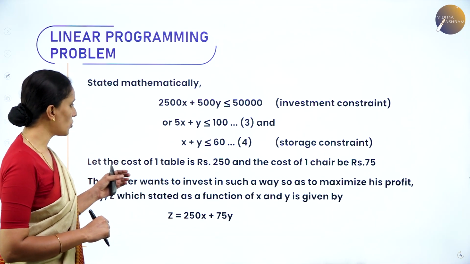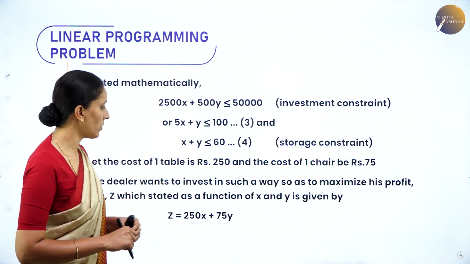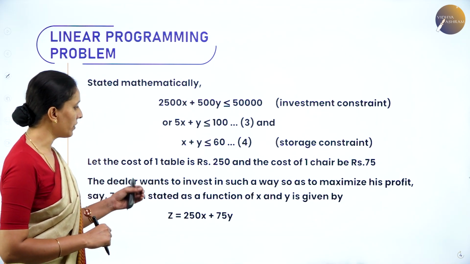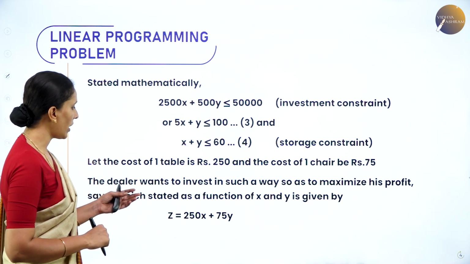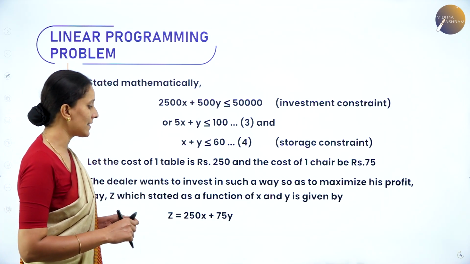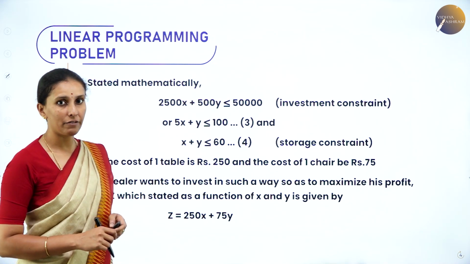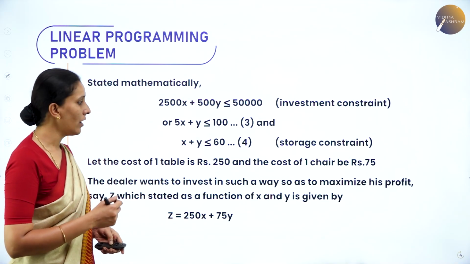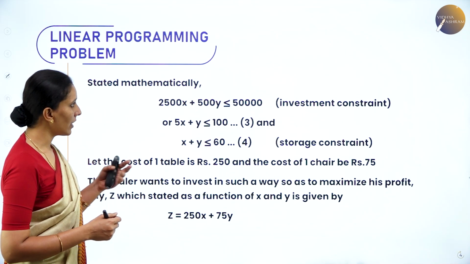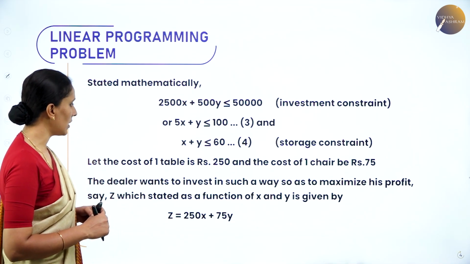So let the cost of one table be 250 and the chair be 75 rupees. The dealer wants to invest in such a way as to maximize his profit, say z, which is stated as a function of x and y, given by z is equal to 250x plus 75y. So we have the following constraints for the given problem: one is the investment constraint and one is the storage constraint.